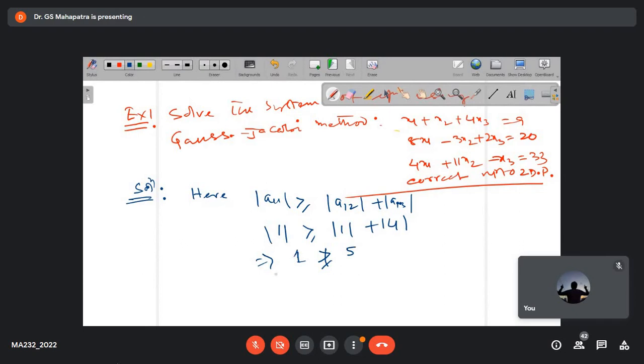Therefore the system of linear equations is not diagonally dominant. What will be your next step?